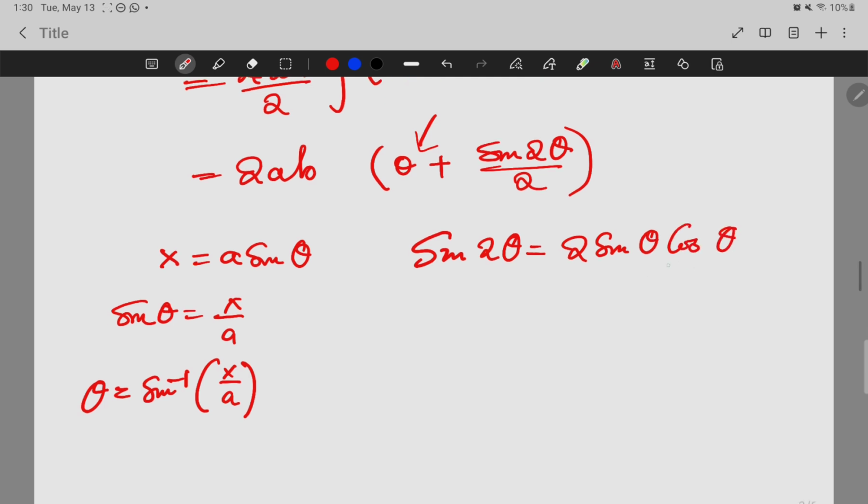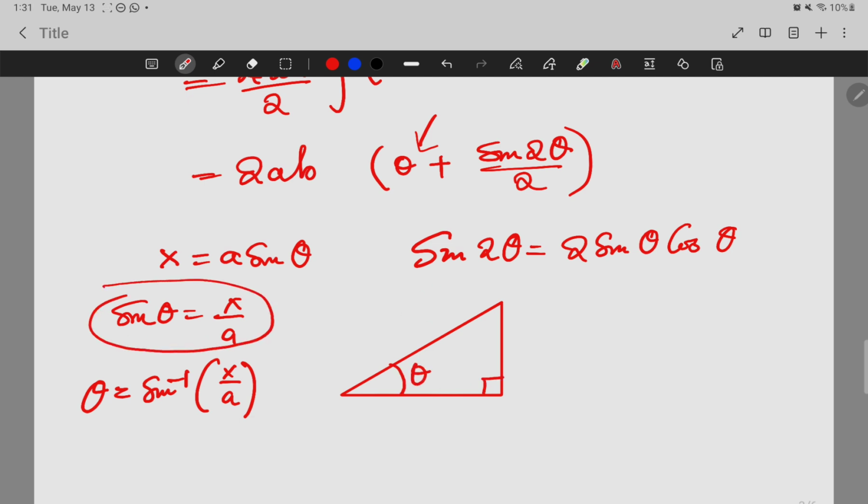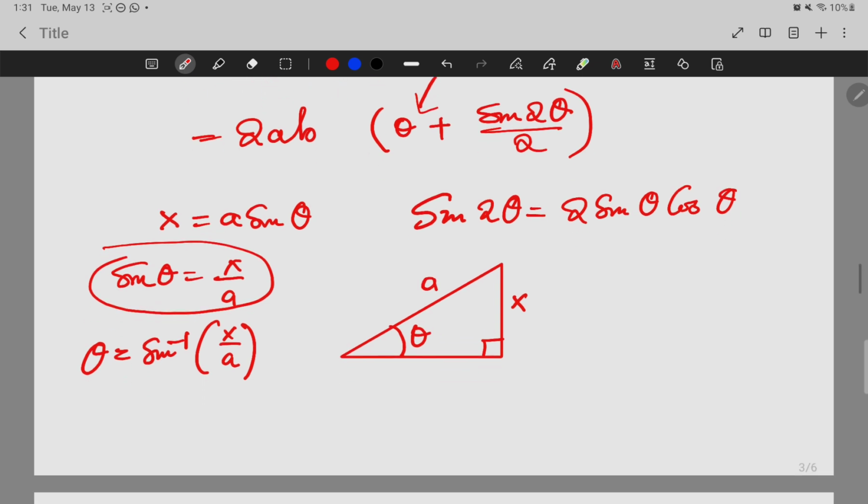So to get the form of this expression, we need cos theta. And to find cos theta, we draw a right angle triangle. If this angle is theta, according to this expression, sine theta is x over a. But sine is equal to opposite over hypotenuse, meaning our opposite will be here, which is x. The hypotenuse will be here, which will be a.